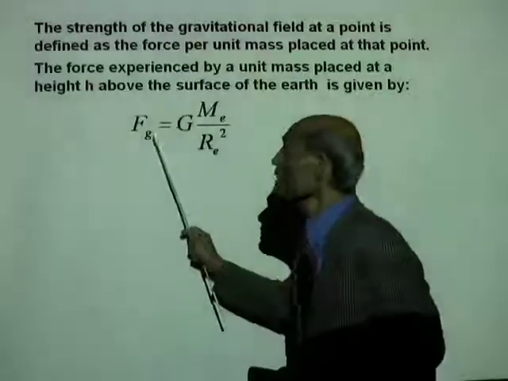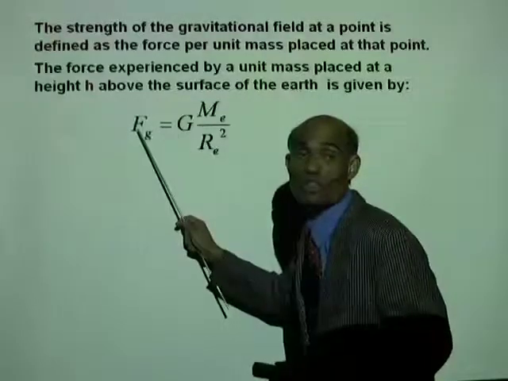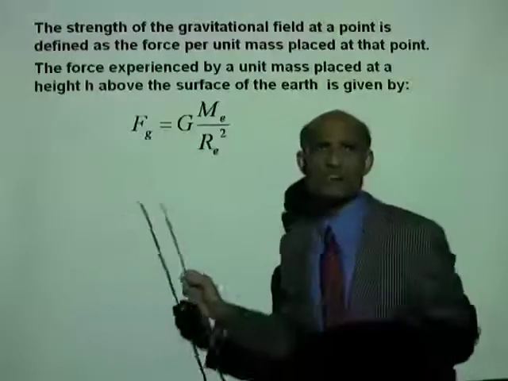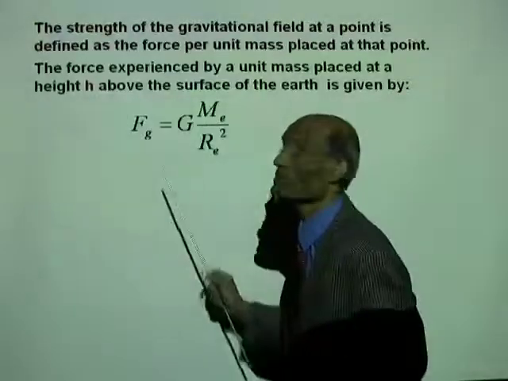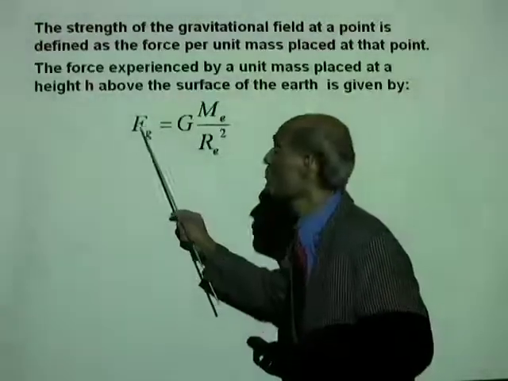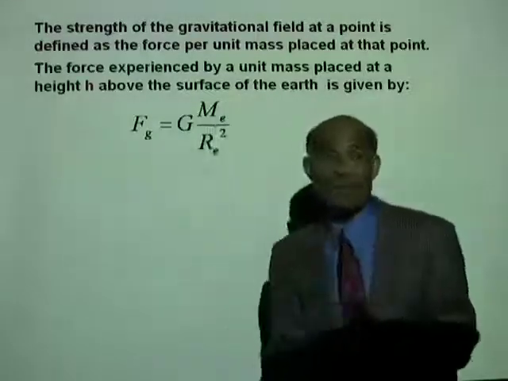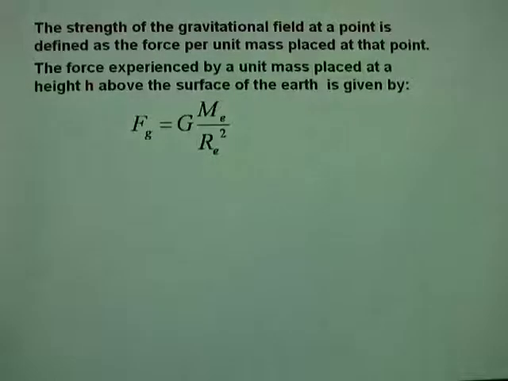Well, this is the equation for the force experienced by an object placed on the surface of the earth where h is 0. We say the force of gravity on a mass of 1 kilogram. Now, if you remember, this is our original equation.